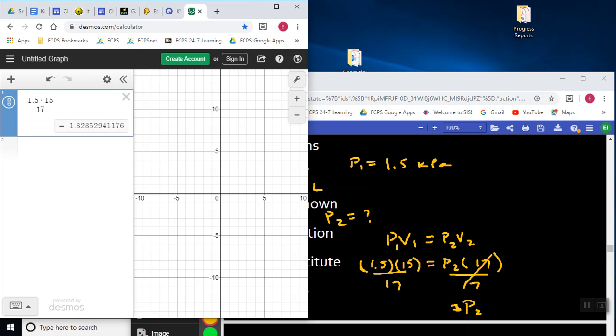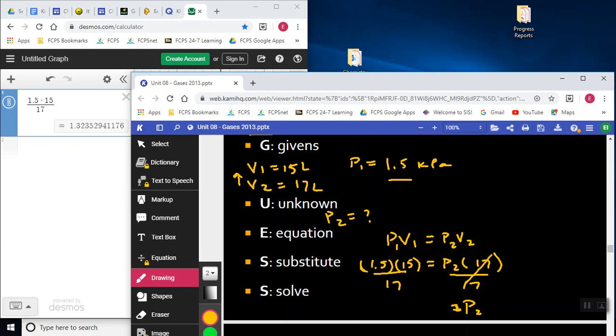And that gives me a new pressure of 1.3. Since this was in just two significant digits, I'll make that two significant digits. So 1.3, and this is kilopascals. And that would be my final answer.